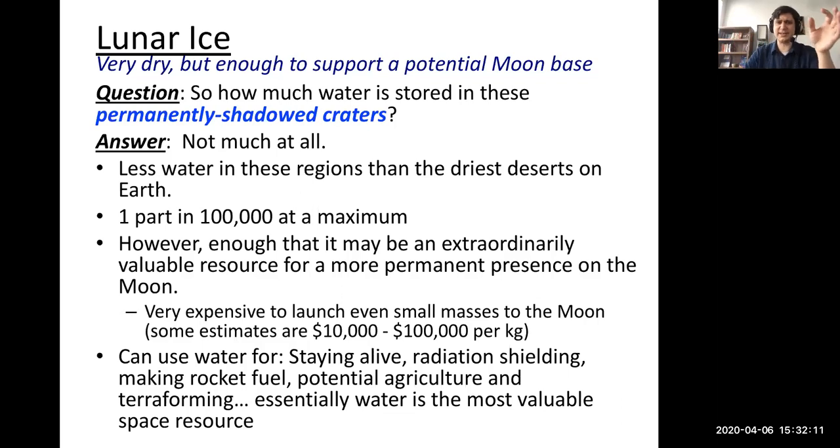And water is expensive to get to outer space. Based on current estimates, Elon Musk and NASA are now bringing this cost down. But right now, to launch about 1 liter of water to the moon, 1 Nalgene's worth of water, costs somewhere between $10,000 and $100,000.